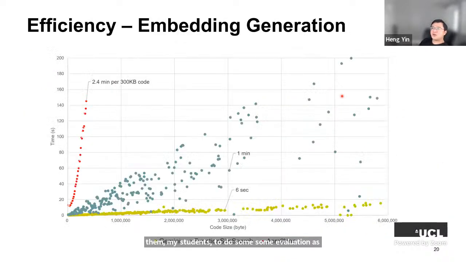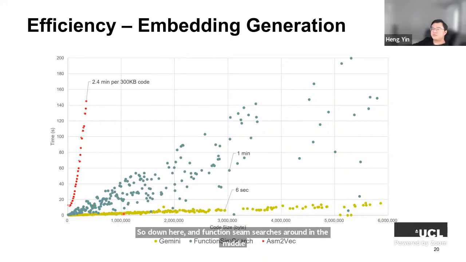Here I show some comparison. In this case, I specifically compared Gemini with function sim search and ASM2Vec. In terms of efficiency, as you can see, ASM2Vec is much slower, down here, and function sim search is around the middle. But Gemini is way faster.